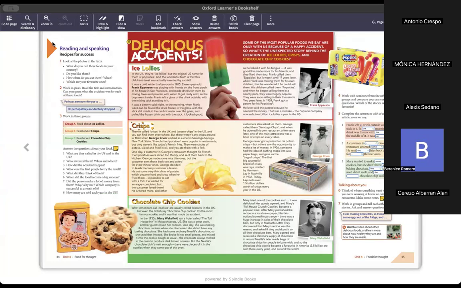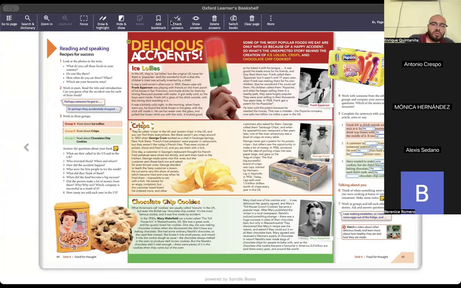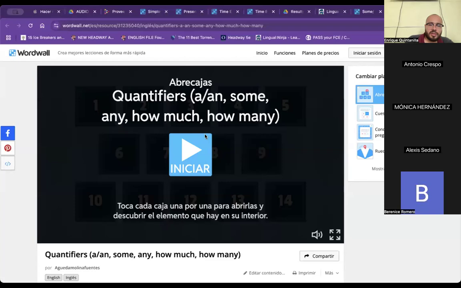Okay, so let's go to practice. Let's practice a little bit of some, any, a lot, the quantifiers. Let me share the screen with you. Okay, so everyone has to participate.